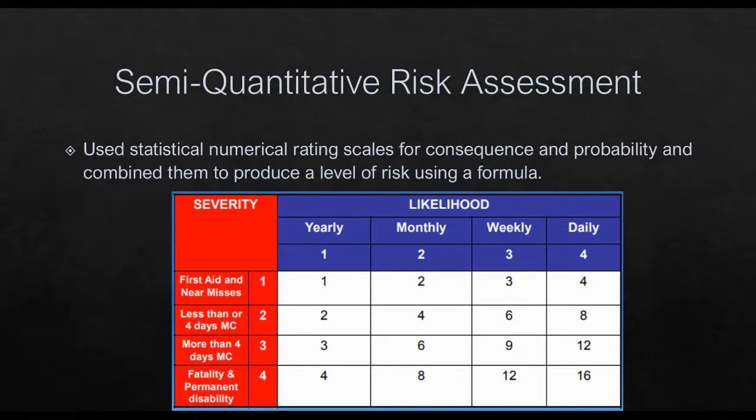Likelihood and severity too, because the formula is risk equals likelihood multiplied by severity. But for the semi-quantitative, we apply the statistical method by using the numerical. As we can see here, the severity level number 1 until number 4. Number 1 is the first aid and near miss.